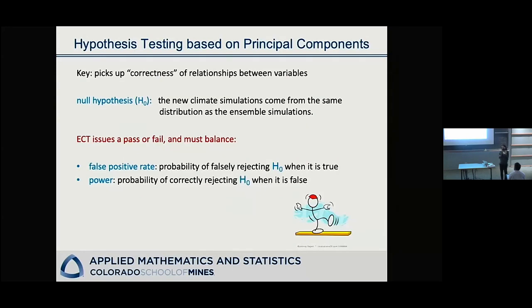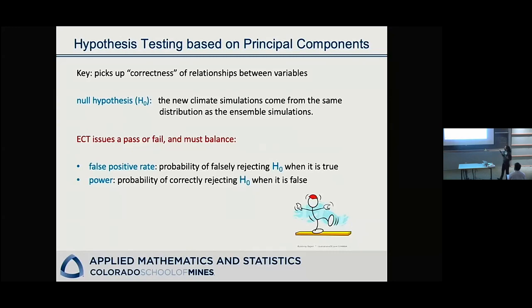That allows this PCA-type testing framework to pick up really subtle things, as I'll show you later. So that is the key underlying idea: we are not just testing variables individually, but we are accounting for the multivariate relationships seen in the large ensemble.